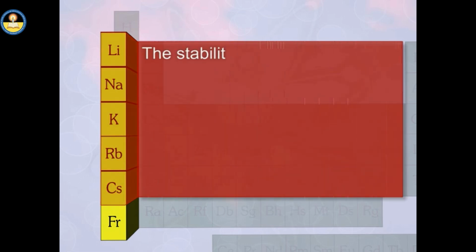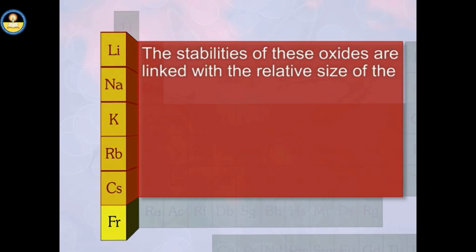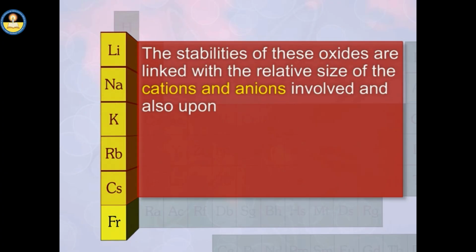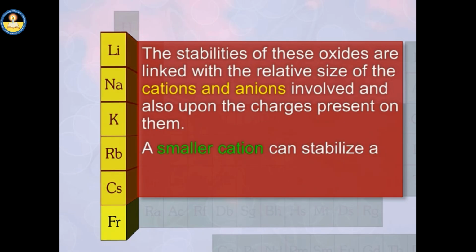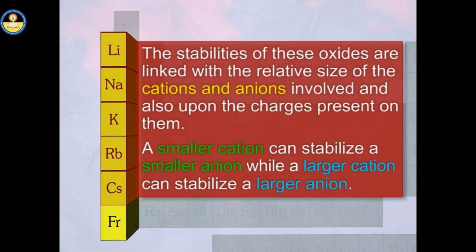Thus, reactivity with oxygen increases from lithium to cesium. The stabilities of these oxides are linked with the relative size of the cations and anions involved and also with the charges present on them. A smaller cation can stabilize a smaller anion, while a larger cation can stabilize a larger anion.